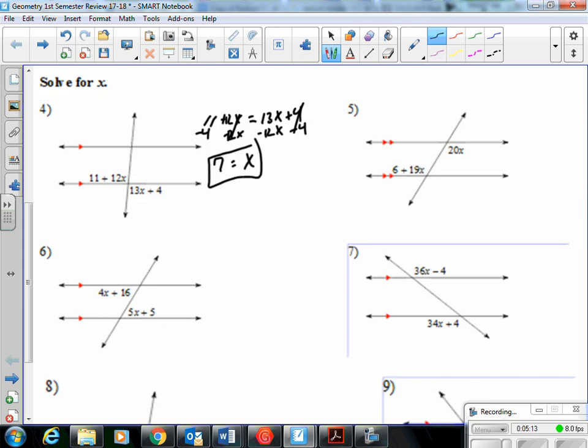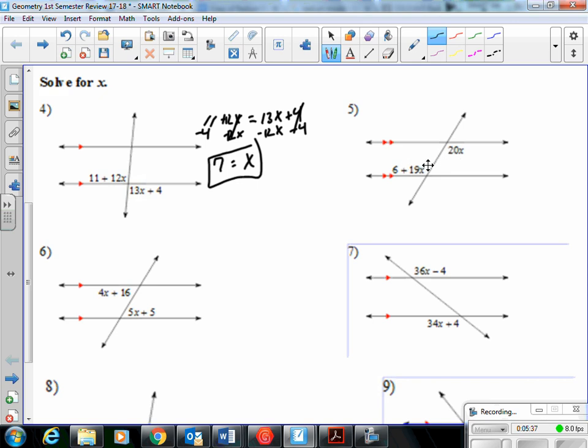Number 5, at the parallel lines, we know they're parallel because they got the little extra arrowheads on them saying that they're parallel. And we got 2 angles that are in between the lines on different sides of the transversal, also known as alternate interior angles. And the rule is that if the lines are parallel, then the alternate interior angles are congruent.